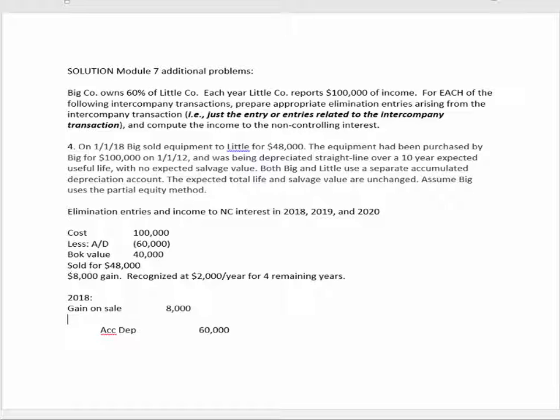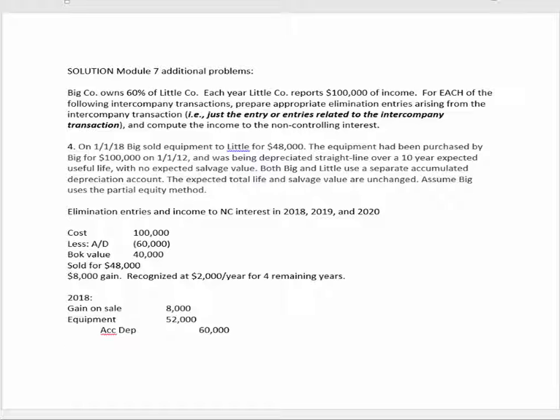In terms of the asset itself, it's now on Little's books at $48,000. The true cost is $100,000. So we need to write that back up to its correct value of $100,000. So again, it's on the books at 48. We're going to add 52. That'll take it up to $100,000. And very conveniently, this entry balances nice and neat.